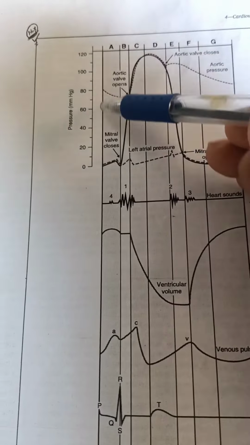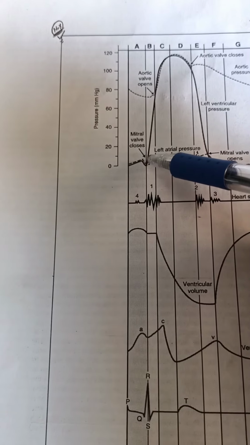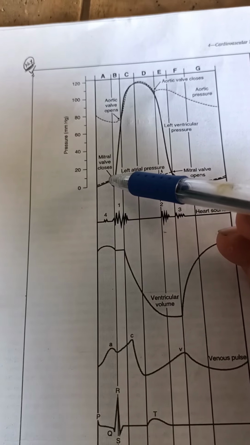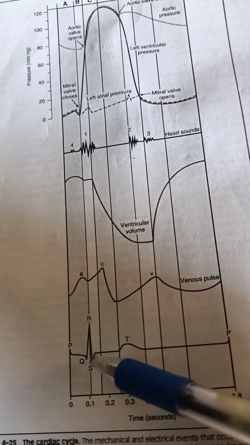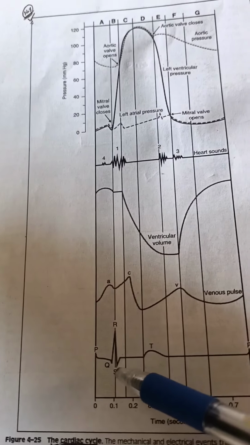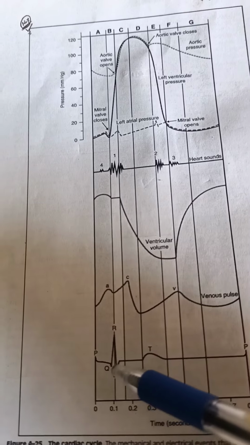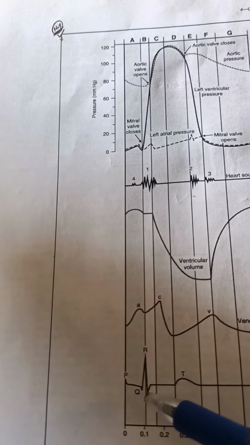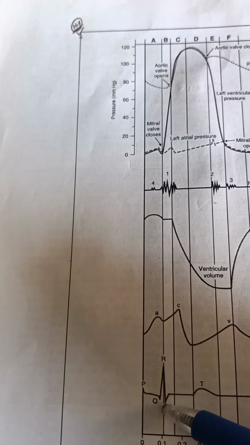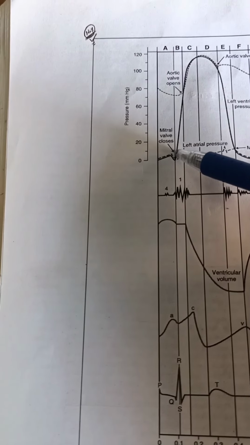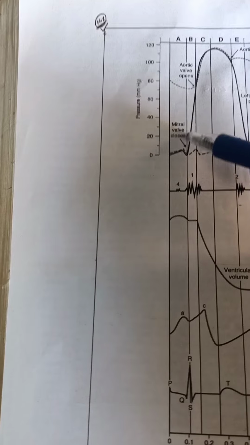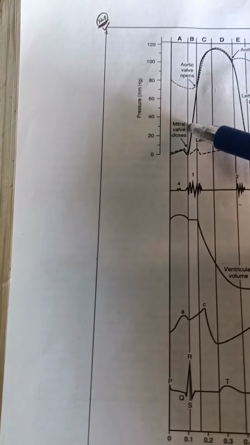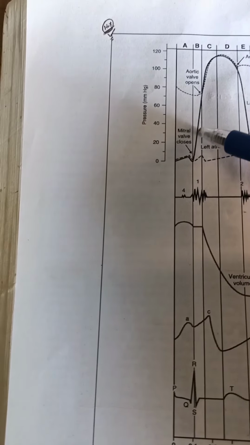Next phase is the isovolumetric ventricular contraction. Basically in this phase, the ECG changes start from the QRS complex. QRS complex represents the ventricular depolarization. After the ventricular depolarization, the contraction of the ventricle starts. This increases the pressure due to the contraction of the ventricles.